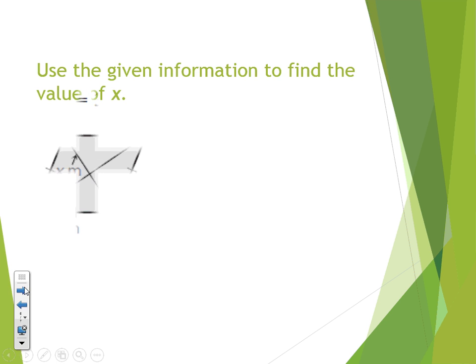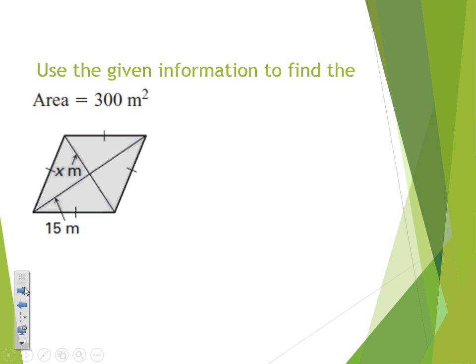So if we look at this first one, I tell you that all the sides are equal, so this rhombus has an area of 300 meters squared. And then I give you some information on the inside. So first thing, if I'm talking about a rhombus, I'm talking about the equation A equals 1/2 diagonal 1 times diagonal 2.